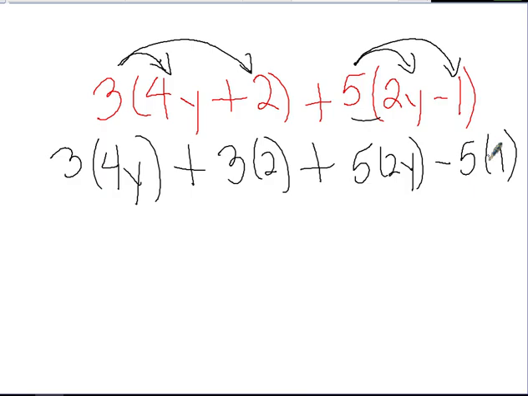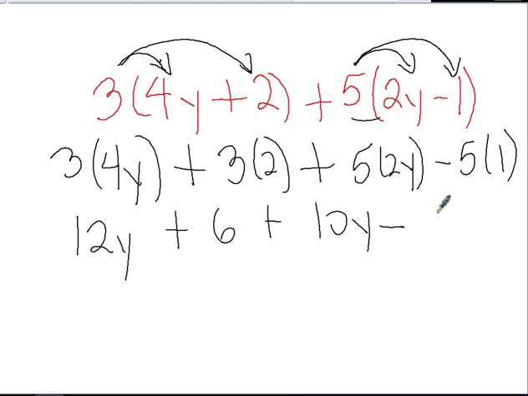I rewrite everything now. 3 times 4y is 12y plus 3 times 2 is 6 plus 5 times 2y is 10y minus 5 times 1 gives you 5. So I look at it again and I ask myself, do I have any like terms now that all of the parentheses are gone?